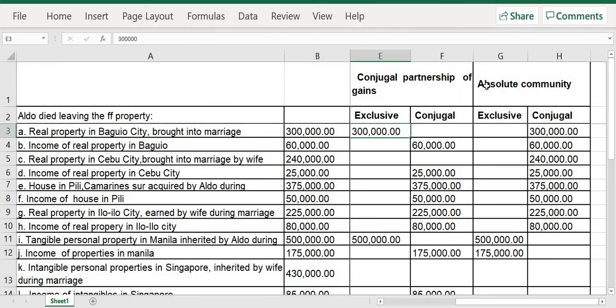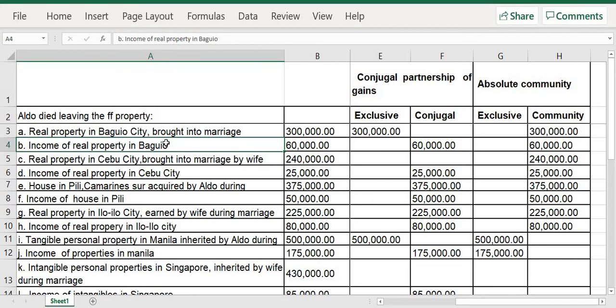Under absolute community of property naman, part yan ng kanyang communal or community property, the properties of the husband or wife prior to their marriage, or those properties brought into marriage.